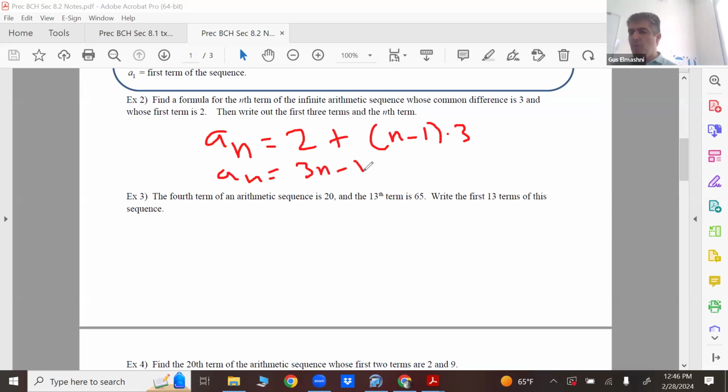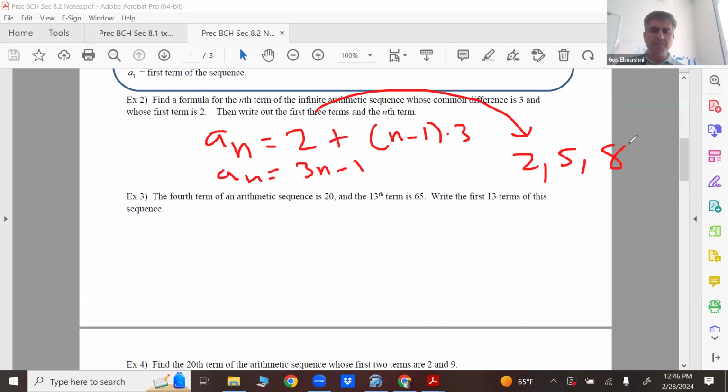So this will find any term you want in the sequence, right? So the first 3 terms would be 2, and then you're adding 3, 5, and 8.